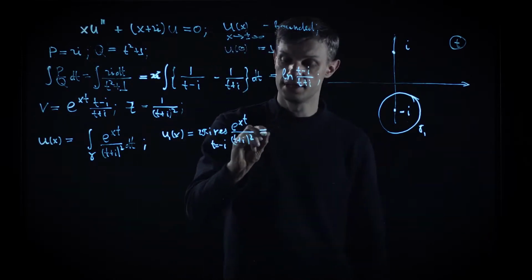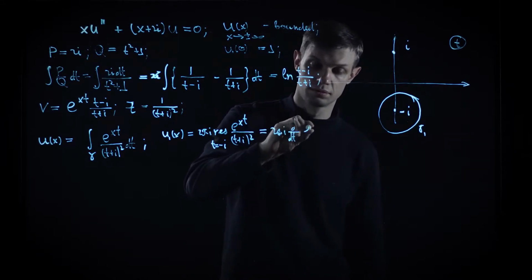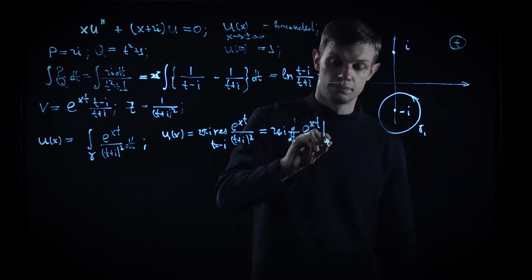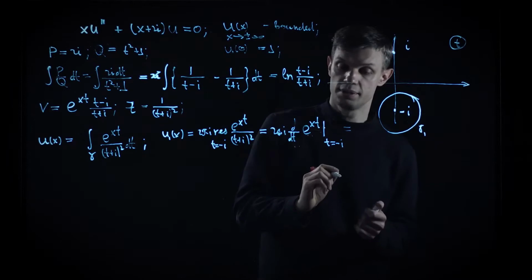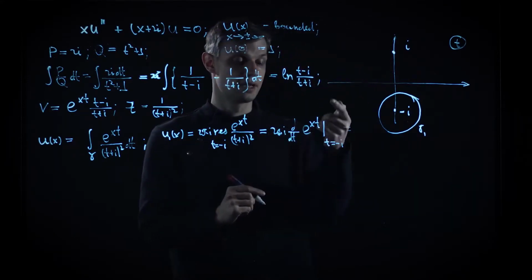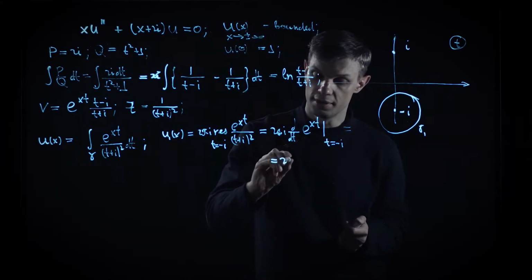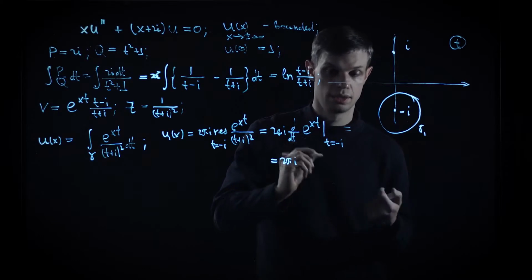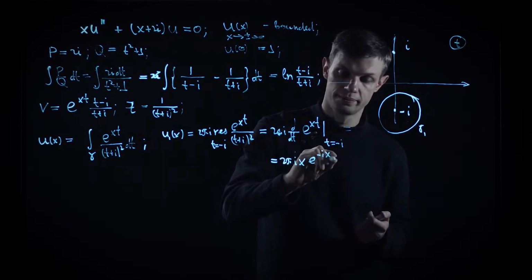The residue is trivial to compute, and we arrive at a simple result. We perform one differentiation, which gives us the prefactor x. And finally, we obtain 2 pi i x times e to minus ix.